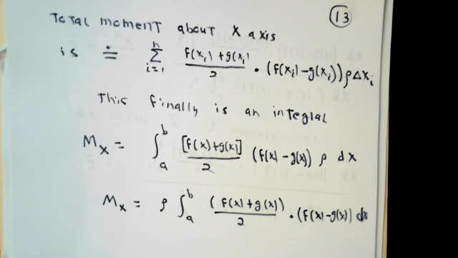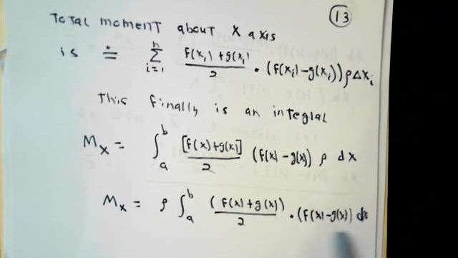So finally, after doing all the simplifying and taking the limits and pulling the constant factor of mass density out front, the moment about the x-axis for this vertically simple region is given by an integral, but it's more complicated than the other one. I'm going to have the mass density times the integral from a to b with respect to x.